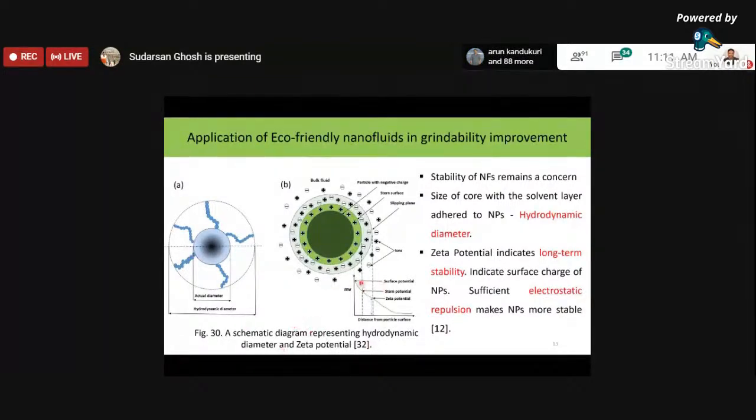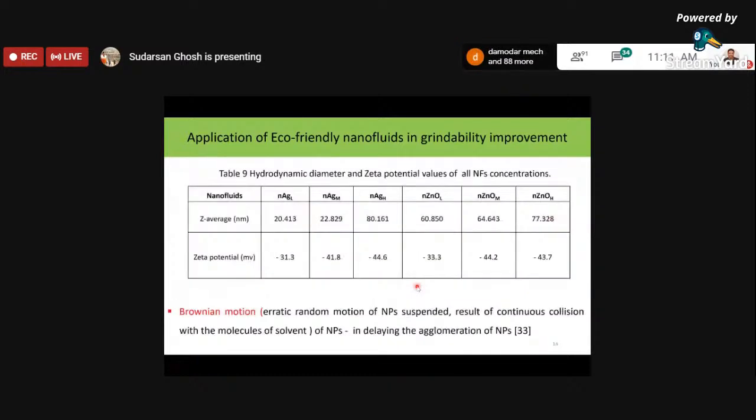There are instruments by which you can measure the zeta potential of your nanofluid, and the values of these measurements are shown over here. As you can see, for almost all the nanofluids which we developed, we have got a negative value, and the threshold negative value is around minus 30 millivolt.